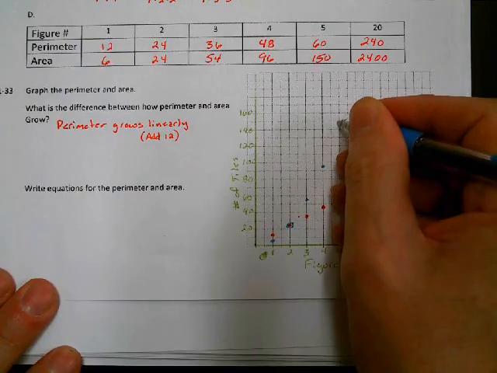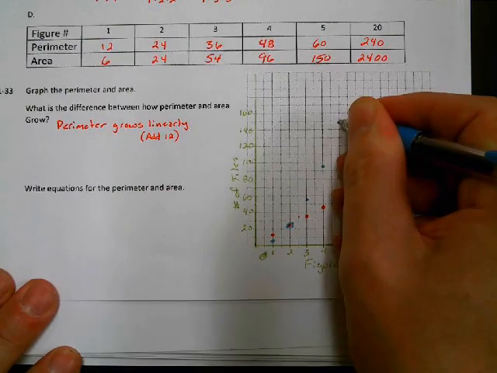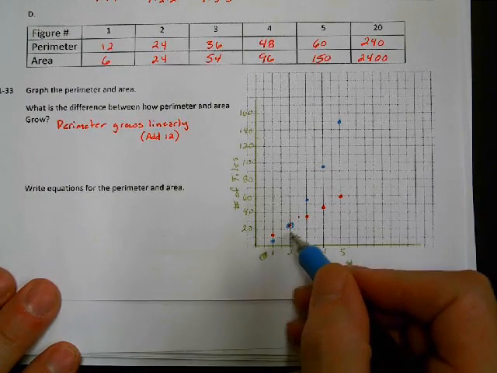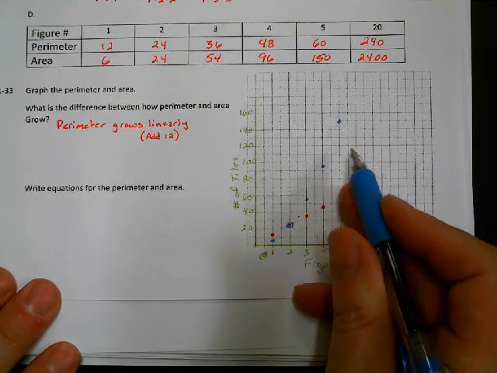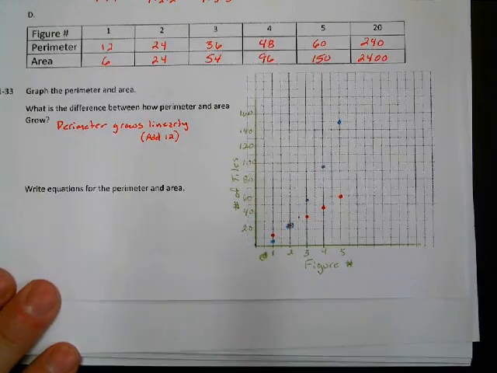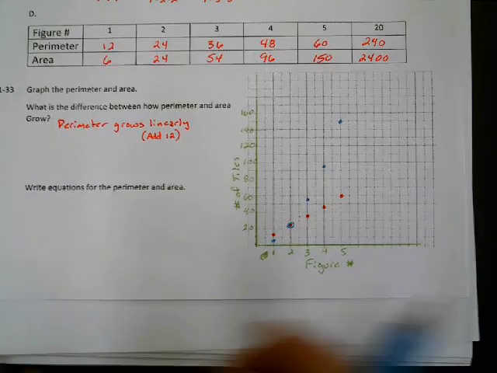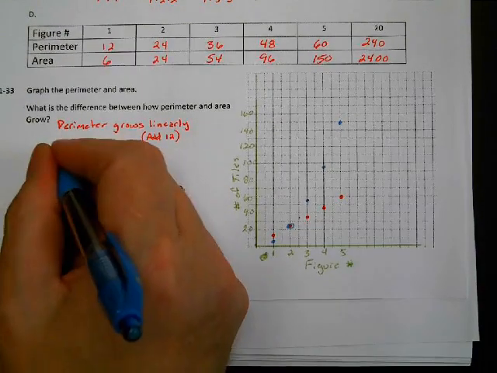All right, so this one, since it's not a line, it's a curve instead. This one is not growing linearly. It's growing like a curve. Okay, so the area grows as a curve.